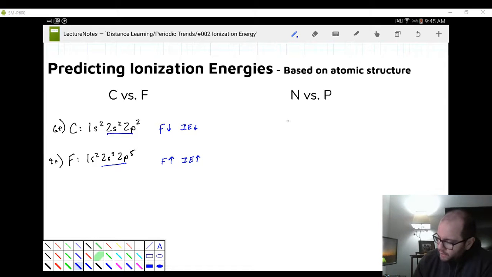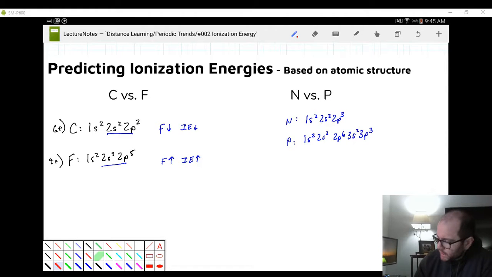If we look at nitrogen versus phosphorus, nitrogen has 1s2, 2s2, 2p3, whereas phosphorus is 1s2, 2s2, 2p6, 3s2, 3p3.